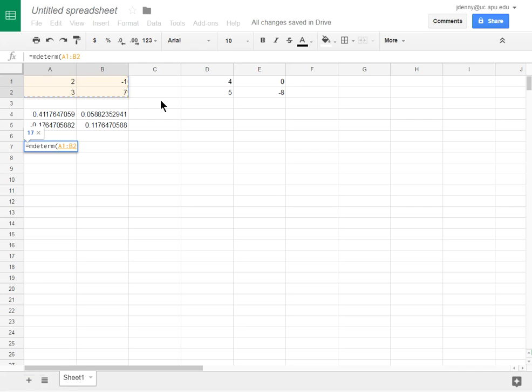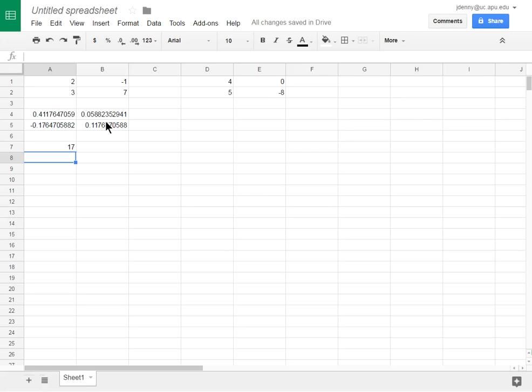Highlight this matrix, and that is the determinant. And so what it did was it multiplied the 2 times the 7, which is 14, and subtracted 3 times -1. So 14 minus -3 is 17.